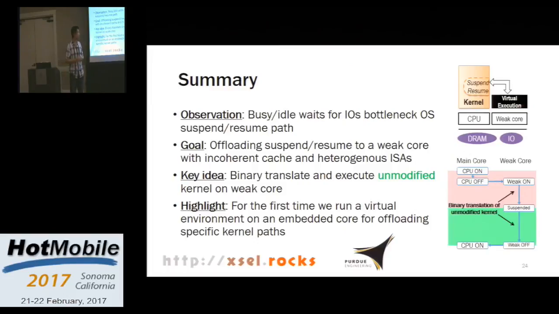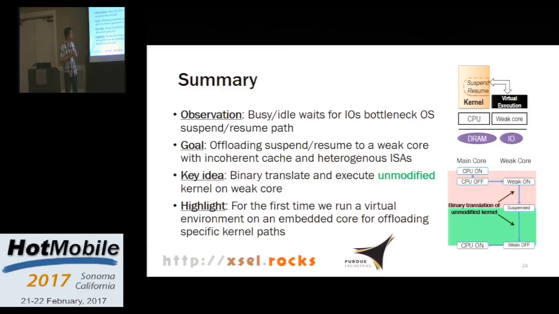To sum up my presentation: first of all, we know that suspend and resume is pretty slow on mobile and IoT devices. Therefore, we profiled suspend and resume on different platforms. And we observed that the main reason for the slow suspend and resume is the slow I/O power transitions. Therefore, we want to offload the entire suspend and resume to a weak core, which has an incoherent cache domain and a heterogeneous instruction set.